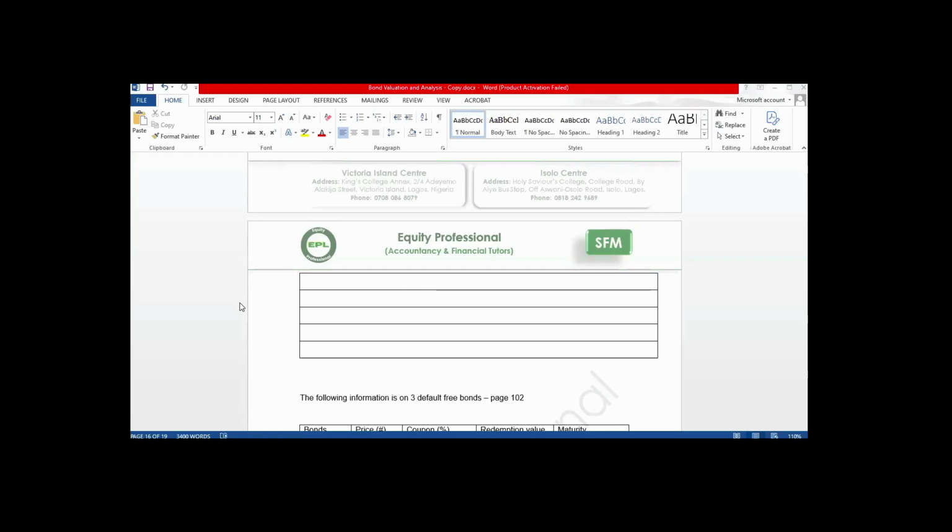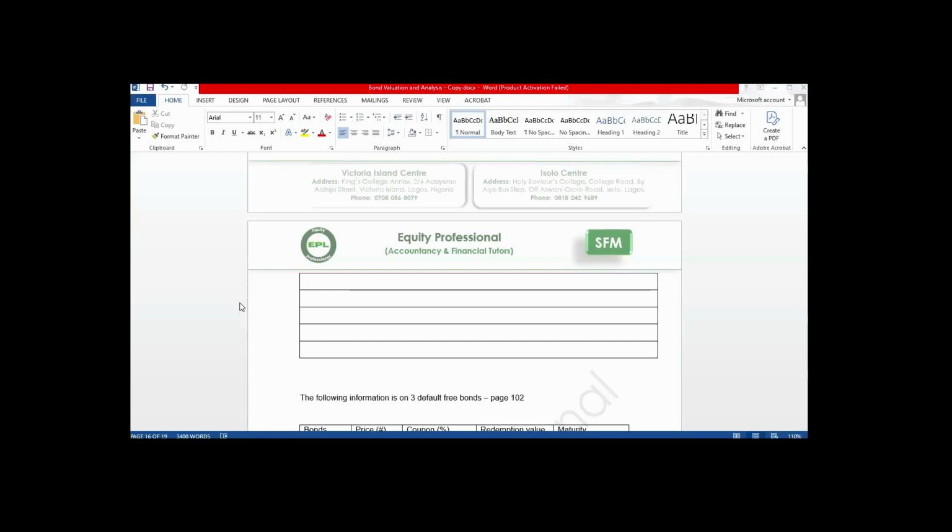Now the question is, at what point am I going to use government spot rates or corporate company spot yield? Please note, if the bond is a government bond, if you are required to value a government bond, then you are going to use government spot rates.